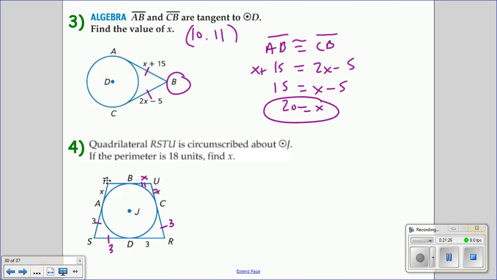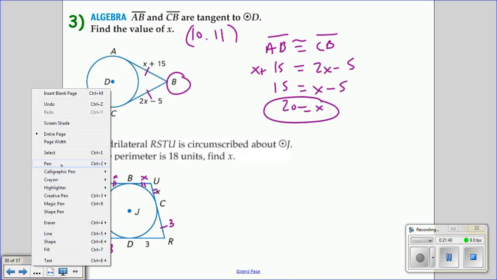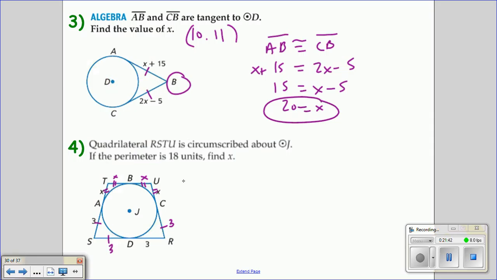And the same thing with TA and TB, they're congruent, and it'll be x. So for the perimeter, this entire side is x plus 3. Same thing here, x plus 3. This entire side is 6, and this entire side is 2x.